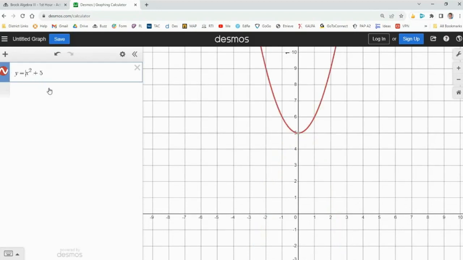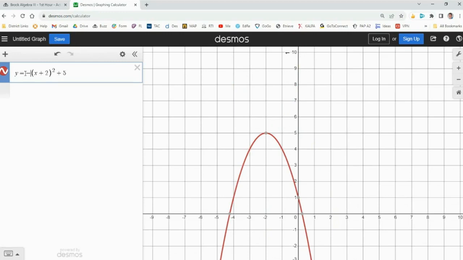There's another case in here. Let me do this first so we can see this. X plus 2. All right, now I've gone up 5 and I've shifted it left 2, right, by putting the plus 2. If I put the negative out front, again, it's going to reflect it downward. But what if I put the negative with the x inside the parentheses? That's going to reflect it over the y-axis. Over the y-axis.